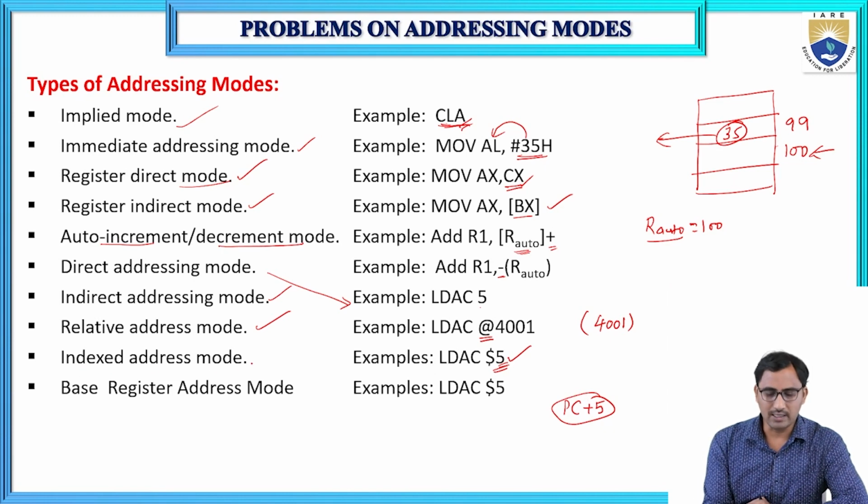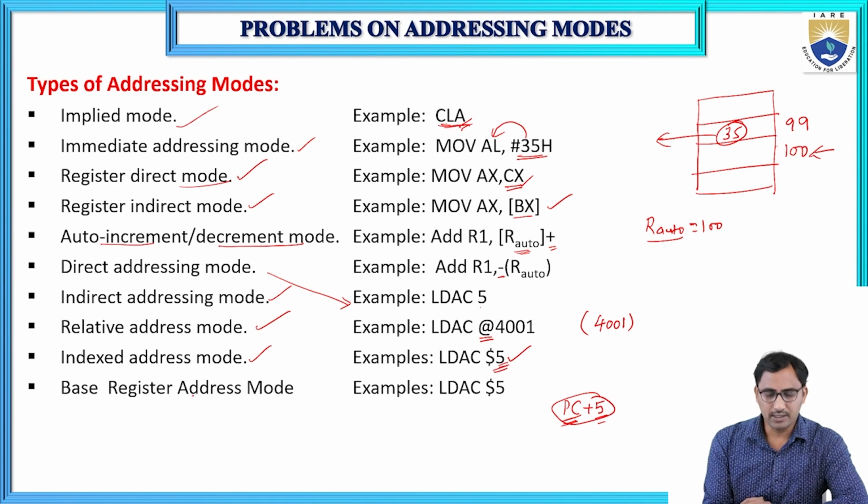Similarly, in indexed addressing mode, the effective address calculation is similar to the relative addressing mode, except the program counter is replaced with the index register. We have two index registers, the source index register and the destination index register. We can use either index register in place of the program counter, so that we can calculate the effective address by adding the contents of the index register to the address specified in the instruction.